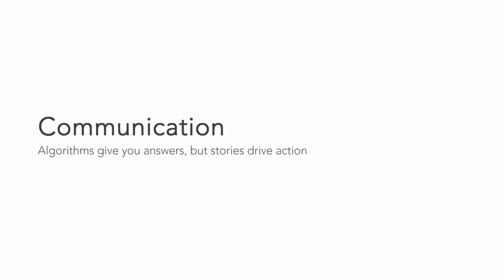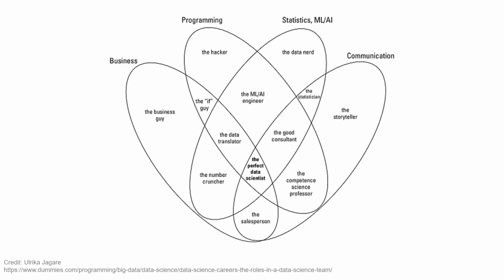If nobody can even understand what you've done or why it's useful, then it isn't useful, really. So that's really all about how we communicate and how we tell the stories of our analysis to decision makers, to stakeholders.